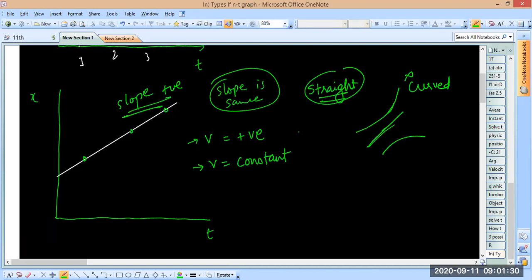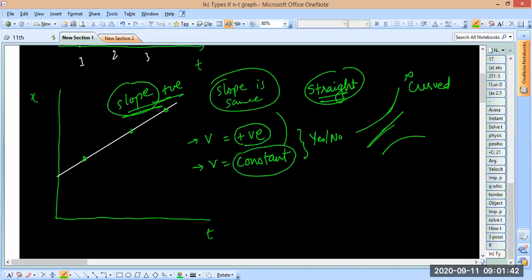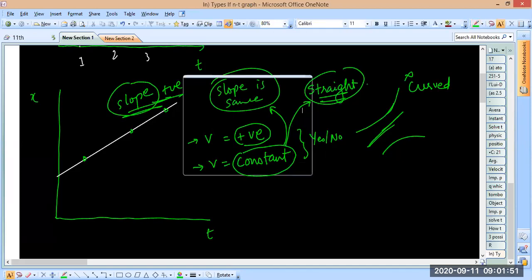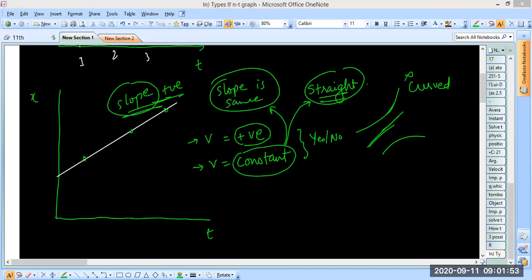Who understood both the reasons? Can you please say yes or no? Positive we know from the slope, that the slope is positive. But constant we know from the slope being the same everywhere. Both reasons are correct. You can't say the slope is going upwards. Remember, you cannot say slope is going upwards.